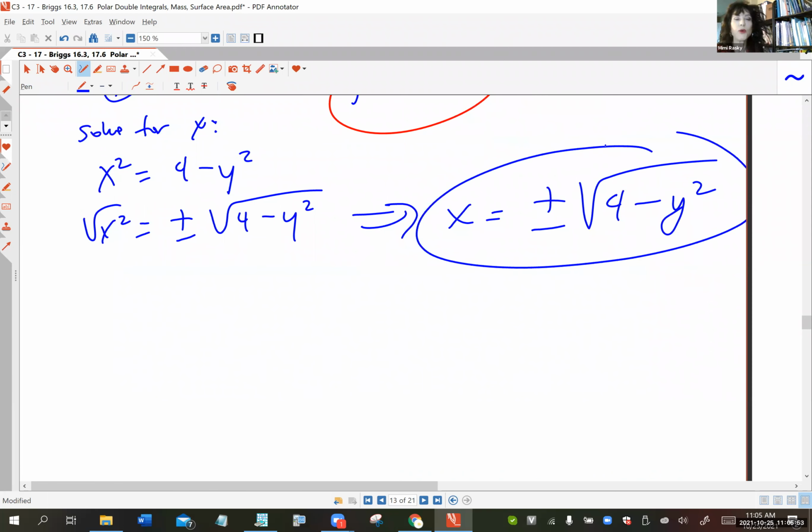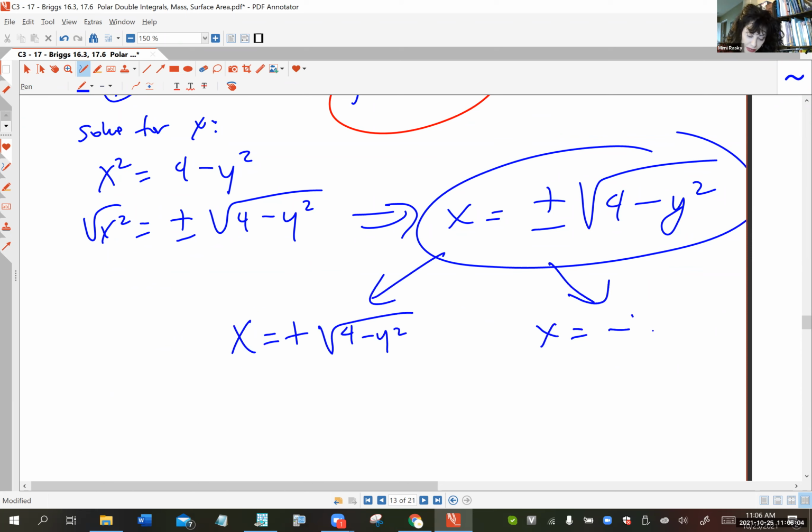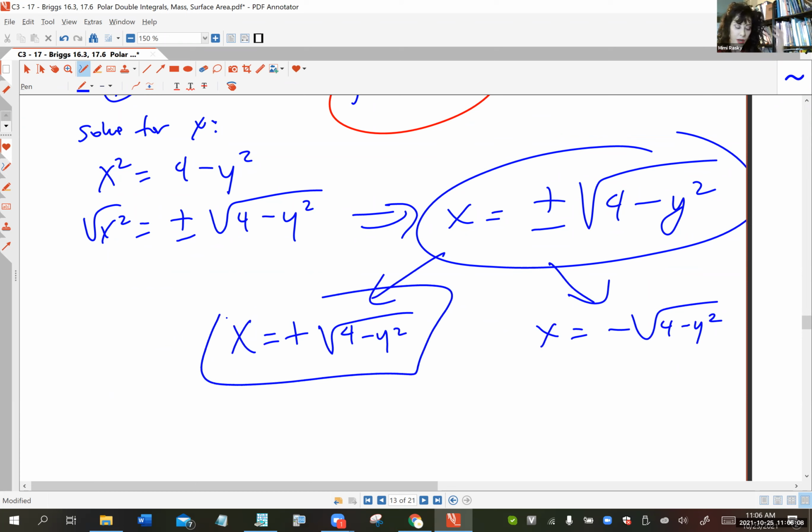Now, this also represents the entire original circle, but to see the whole thing, you'll have to graph two separate graphs. First, graph x equals positive square root of 4 minus y squared, and then graph x equals negative square root of 4 minus y squared. These are functions of y separately.